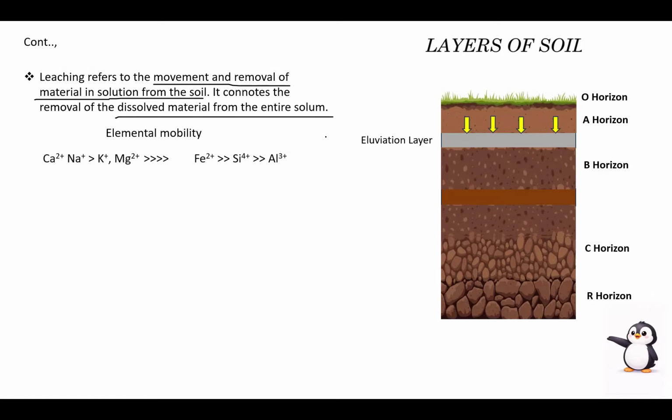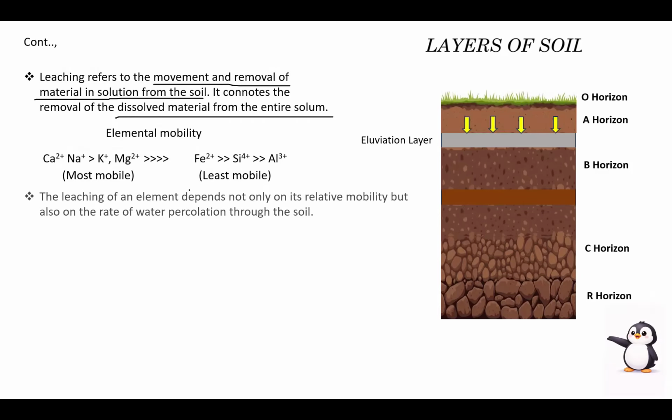For example, calcium, sodium, potassium, and magnesium, the basic cations, are highly mobile, followed by micro elements like iron, silicon, and aluminium, which are least mobile.